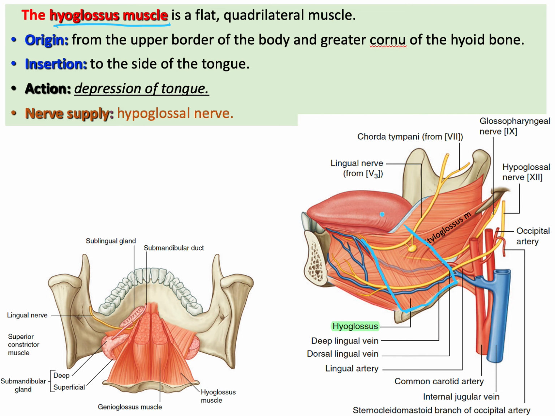Its function is to depress the tongue when it's contracted, and of course it's innervated by the hypoglossal nerve, the cranial nerve number 12.